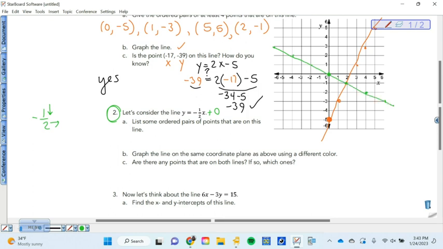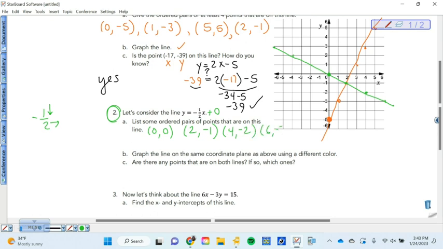Give me 4 coordinates. 4 ordered pairs of points on that line. 0, 0. What else? 2, negative 1. What else is on this line? 4, negative 2, and one more.